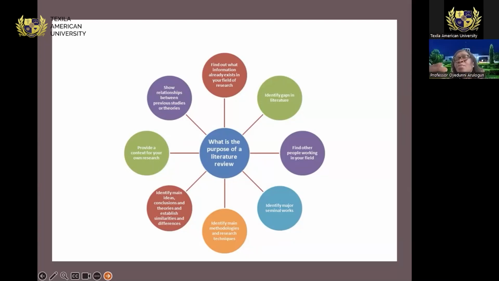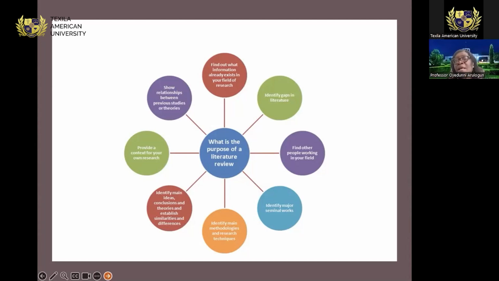Then from the information that existed, we'll be able to say, oh okay, nobody has looked at this particular aspect. Are the studies essentially hospital-based? Oh, nobody has looked at the community aspect of it. Or nobody has heard from those who are directly affected by the subject of inquiry.